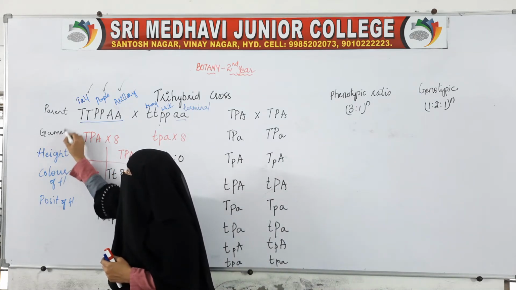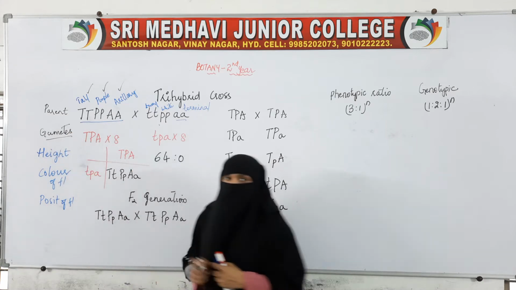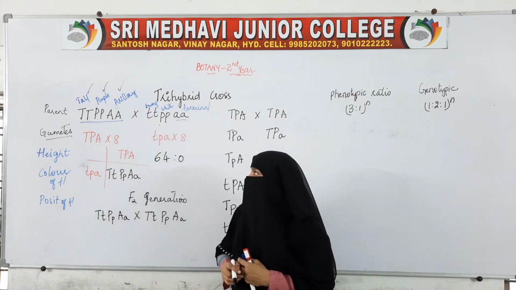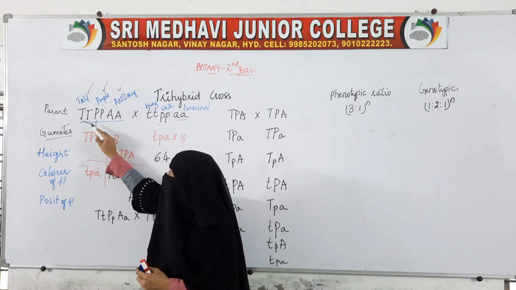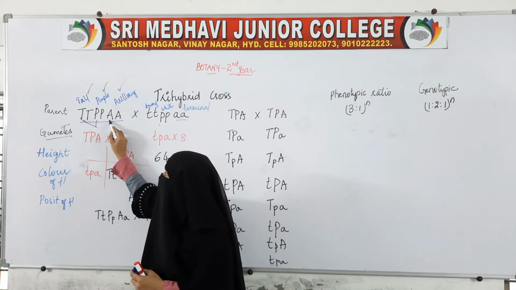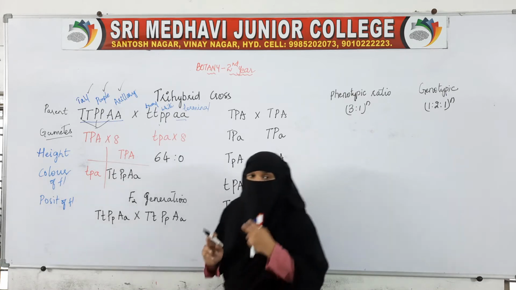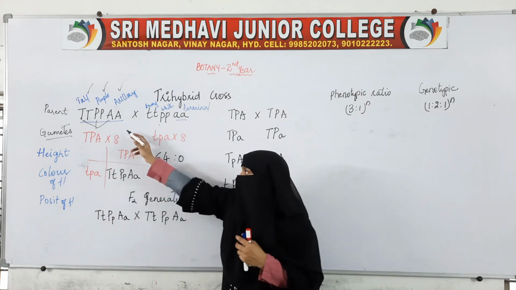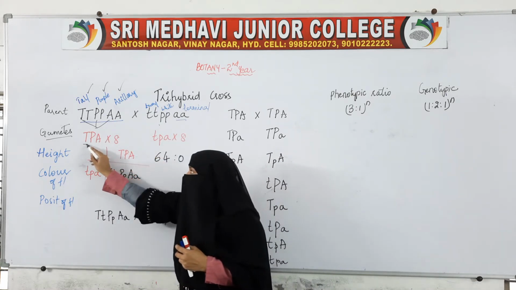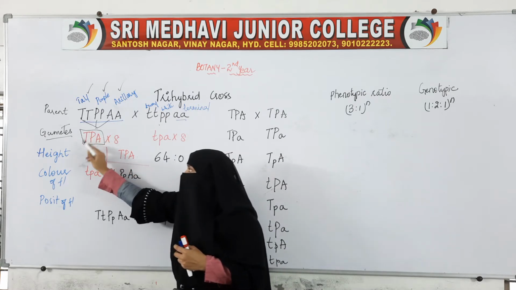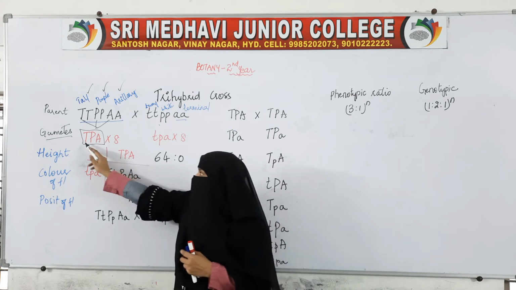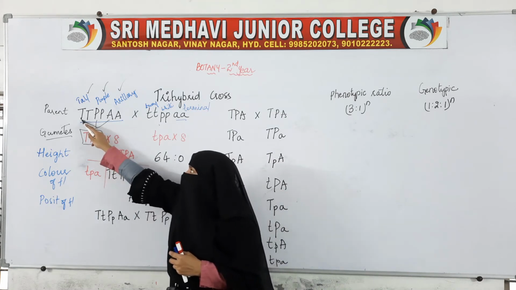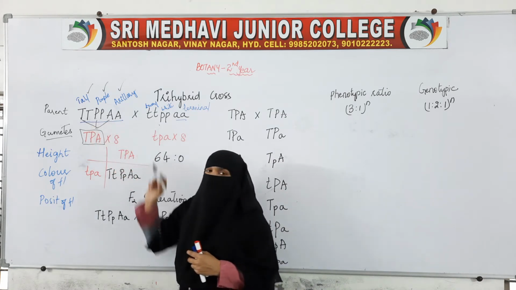When it produces gametes, this T will be with this P, this T will be with an A. So when we cross this, we get gametes of this genotype, that is capital T, capital P and capital A.